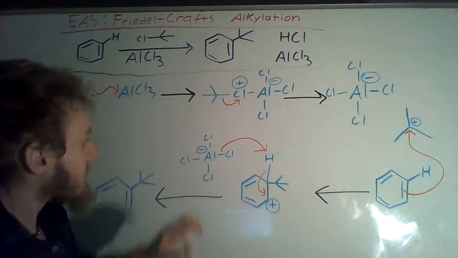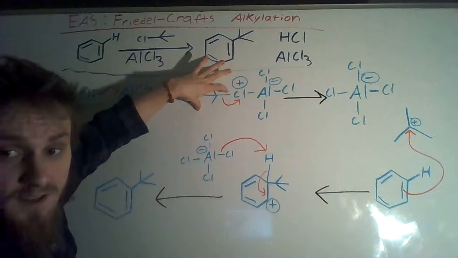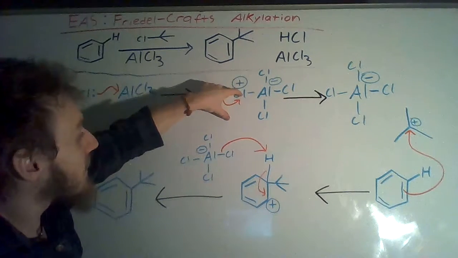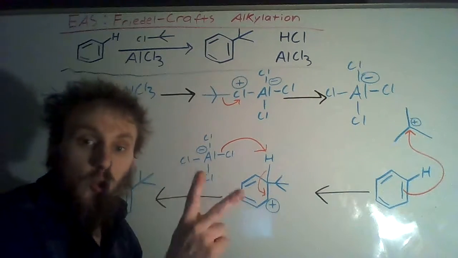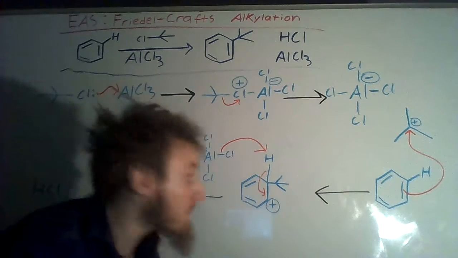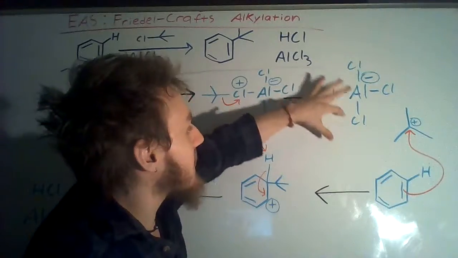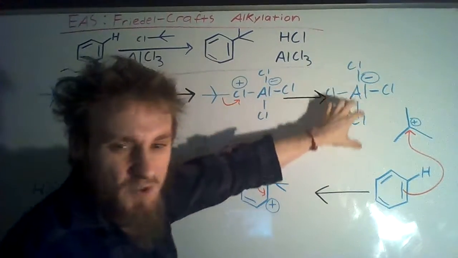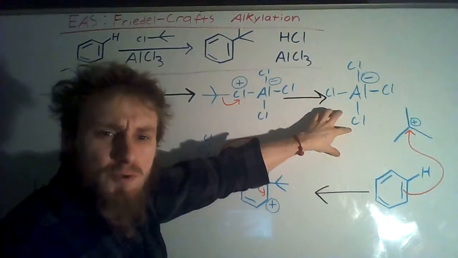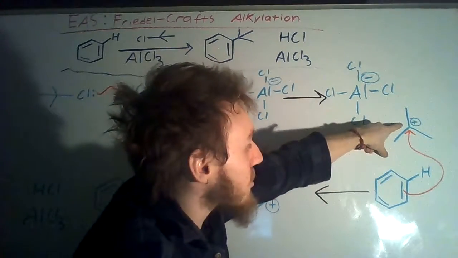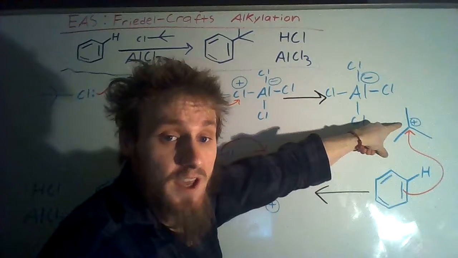So we have a carbon-chlorine bond. Now, the electrons within this bond are going to fold back onto the chlorine atom, and that's going to give us two different chemical species. Number one, it's going to give us AlCl4 minus. This is sort of the remnants of our Lewis adduct, right? And it's also going to give us a tertiary carbocation.